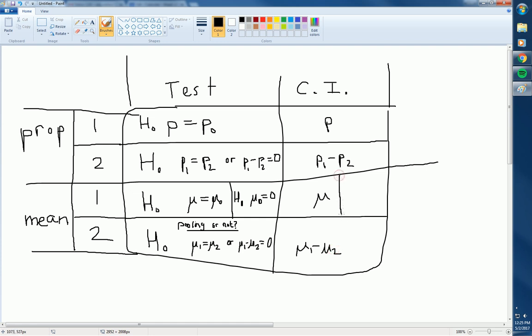Of course, you might be trying to estimate mu d if your population consists of a bunch of differences. And down in the two sample means, you might be pooling and you might not. So you can ask yourself that once again.